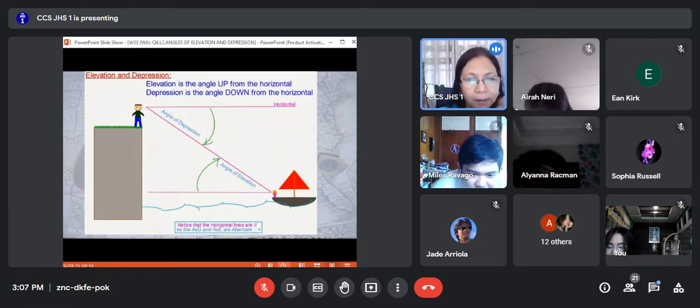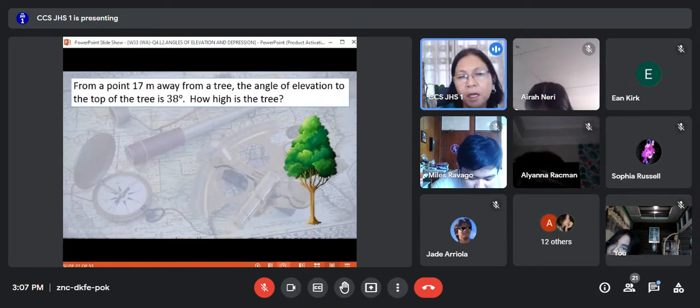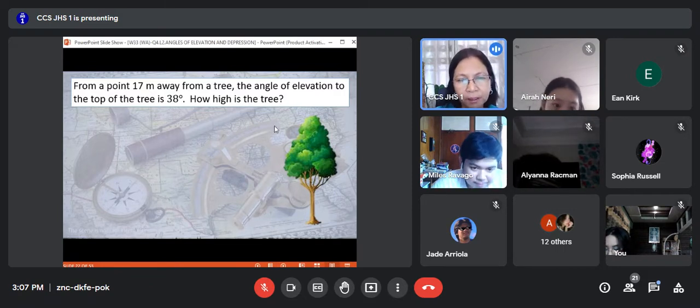Okay, let us now apply those words to a problem. These are problems from your book. Please listen, because I want to emphasize here the word from and to. So here we have from a point 17 meters away from a tree.